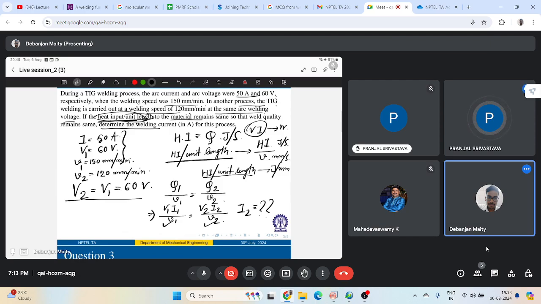Sir, is it 40 ampere? 40 ampere. So I'm assuming your calculation is correct.